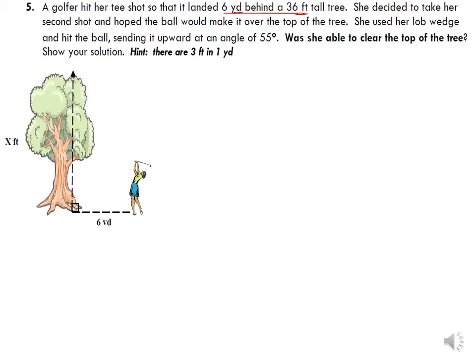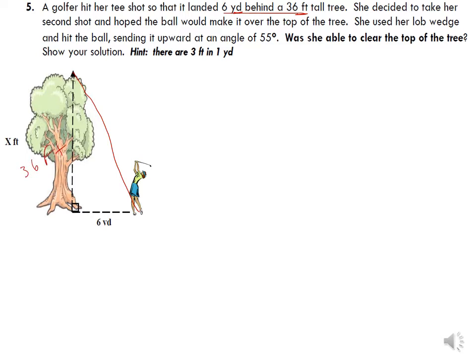So we know we're going to make a triangle here. I've already started it for you. And she's going to hit the ball and try to make it over the tree. And we have, she's 6 yards behind the tree, and the tree is 36 feet tall. So this is 36 feet.